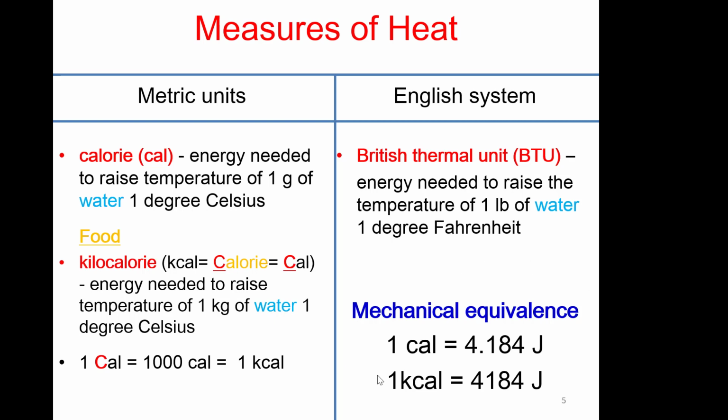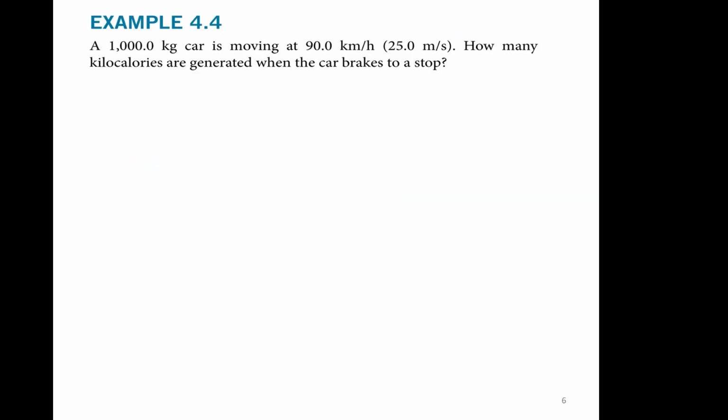Here is the conversion factor from calories to joules: 1 calorie equals 4.184 joules, and if we multiply by 1,000 on both sides, we can also use this conversion factor: 1 kilocalorie equals 4,184 joules.